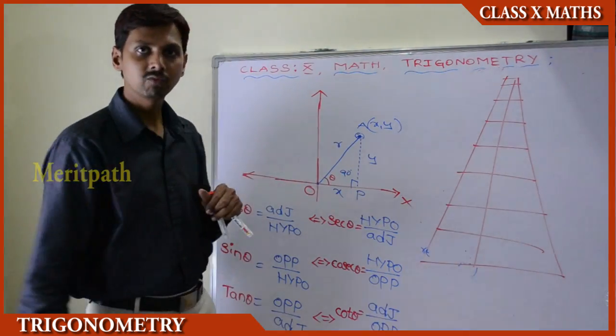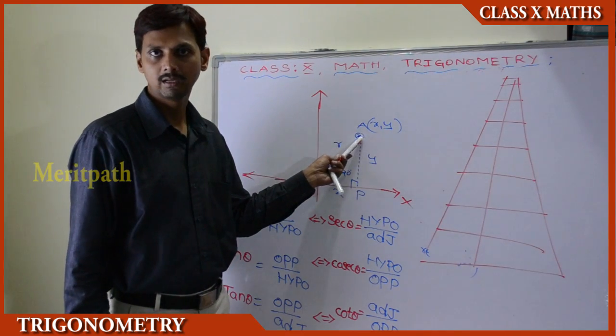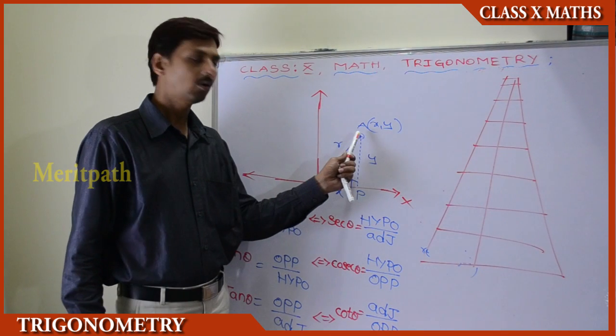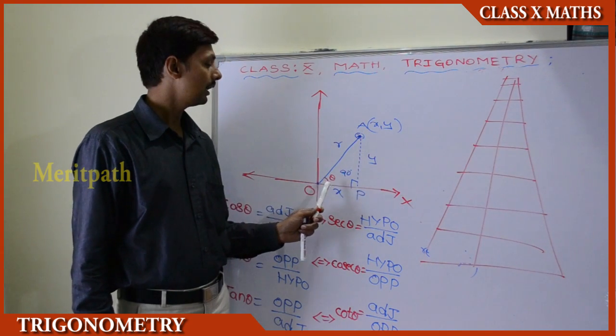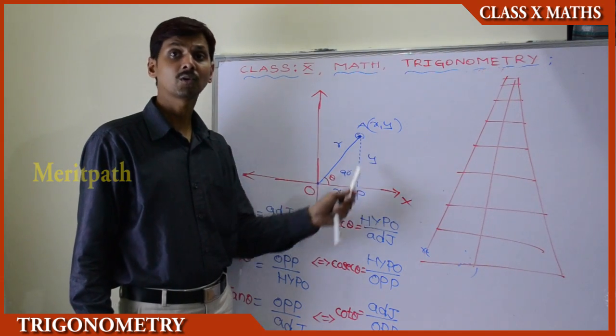When we take any point on a plane, we get a distance from the origin to that point, and also a height.